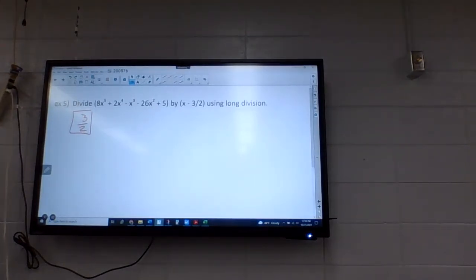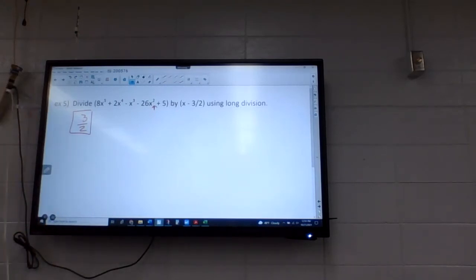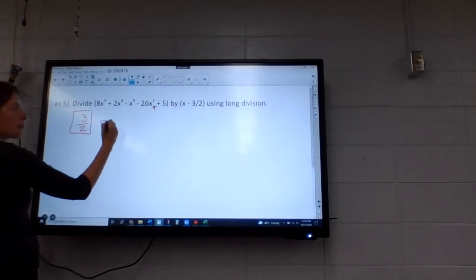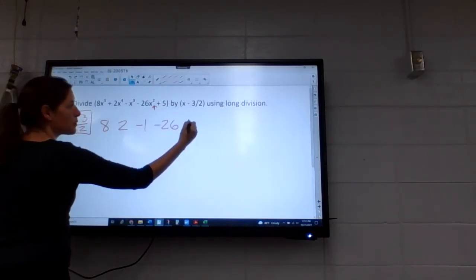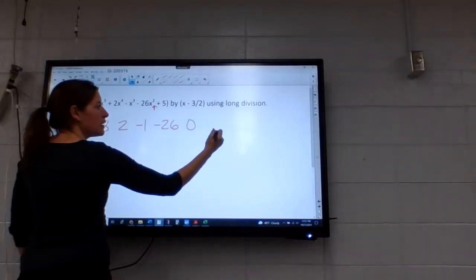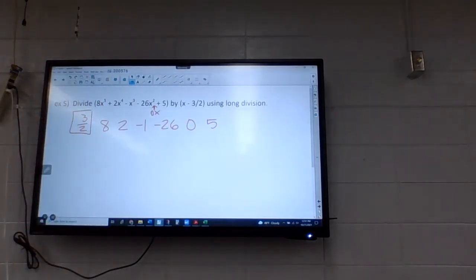But careful, guys. What do we need to remember with our synthetic division here? We're missing a power of x. Do you guys see it? The x is missing, so you do need to put a placeholder in. So we're putting in a 0 there, in the place where there would be an x value. If you don't do that, this doesn't work.